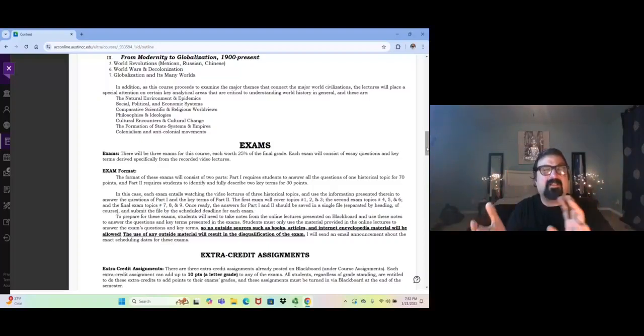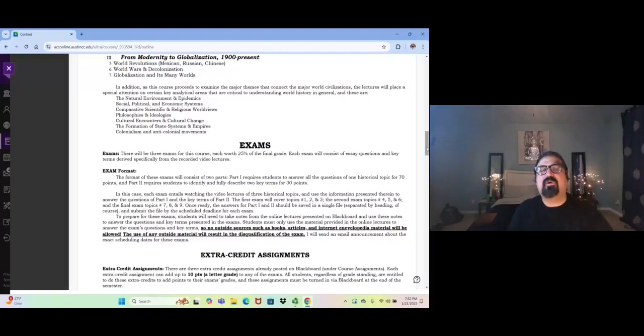We're going to see that process by looking at different areas of the globe: the Middle East, Africa, China, Asia, and the like.